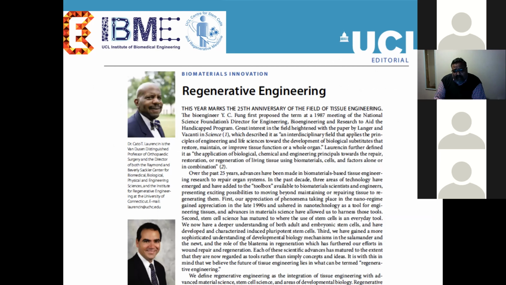Since then, regenerative medicine has taken quite a central stage, with the understanding that this might be the Holy Grail and the way to go in order to combat the problems that we face with the donor pool.